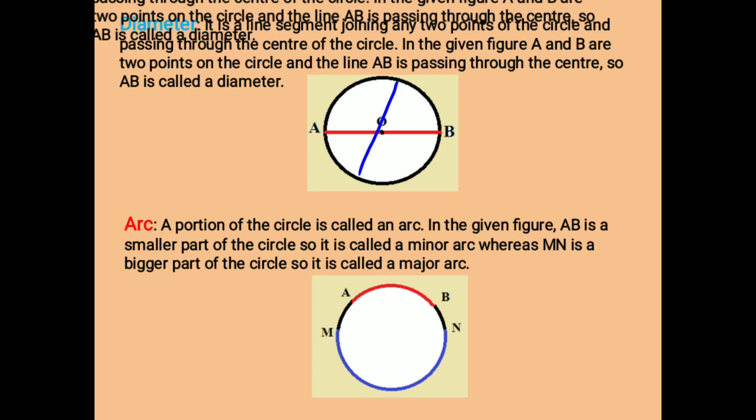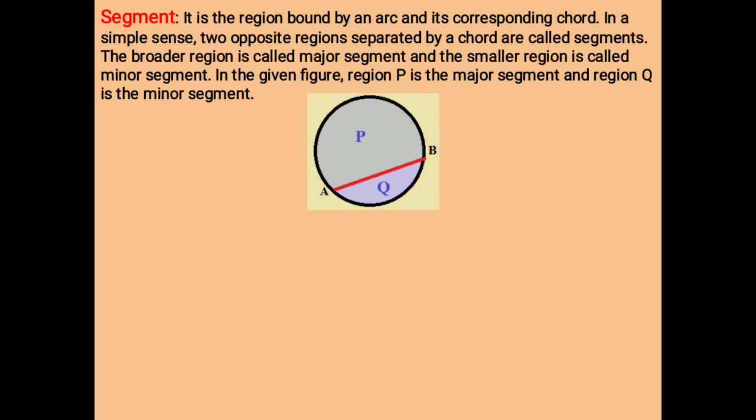To the next, we will discuss about segment. And segment in a simple sense is the region separated by the chord. As we have already known about the chord, the line segment that passes through the circle divides the circle into two different regions, let's say two different areas.